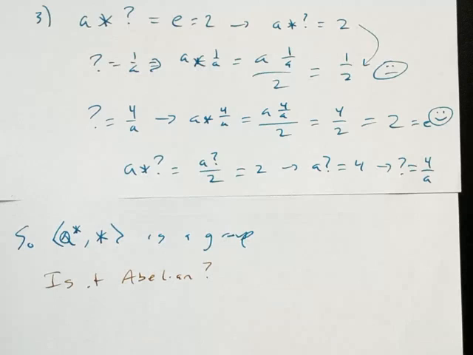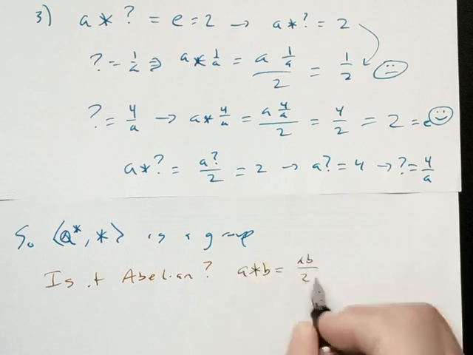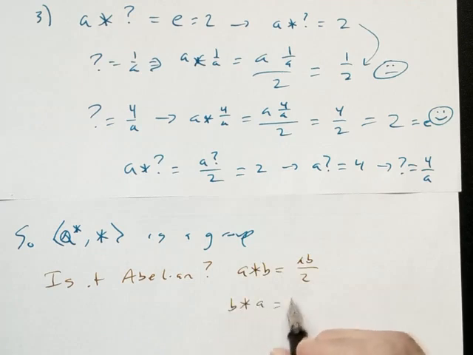What's it mean to be abelian? So we did B times A. Do I get the same thing for B times A that I get for A times B? Are those the same? Yeah. Presto, it's abelian.